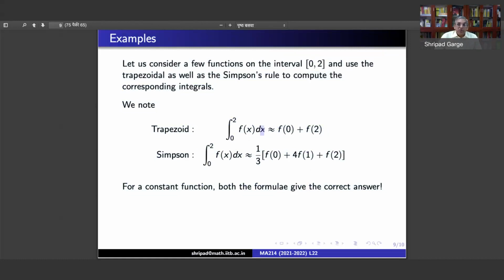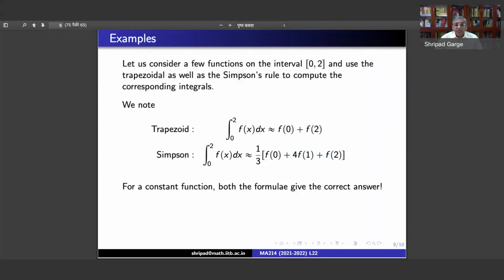And for f(x) equal to 1, the integral is anyway equal to 2. So you are going to get the correct value. Further, the Simpson's method will give you that the inside part of the square bracket is 1 plus 4 plus 1, that is 6. You divide by 3, and Simpson's rule also gives you the correct answer. So the trapezoidal rule and Simpson's rule both give the correct answer whenever f(x) is a constant function.